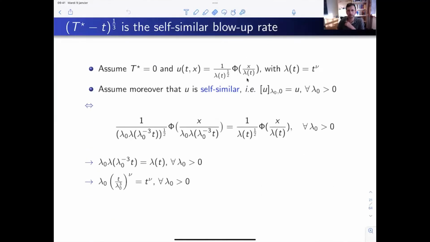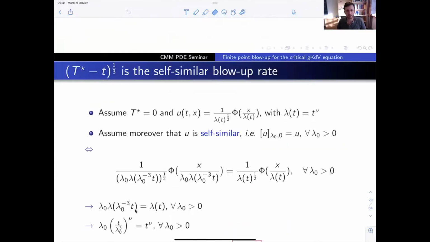But so if I have my lambda(T), which is a pure power, T to some power nu, then it means that lambda naught times (T over lambda naught to the cube) to the power nu is equal to T to the nu. And if I carry on the computation, I want that this is equal for any lambda naught positive. I will find that I want lambda naught to the 1 minus 3 nu to be equal to 1.